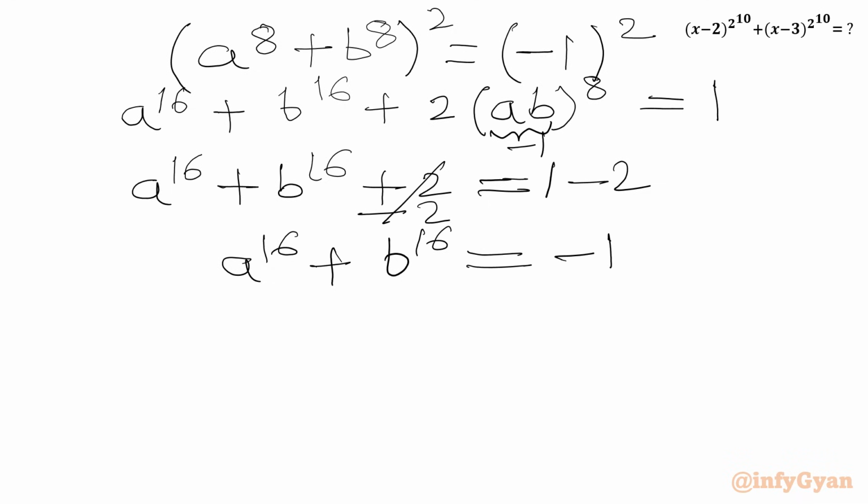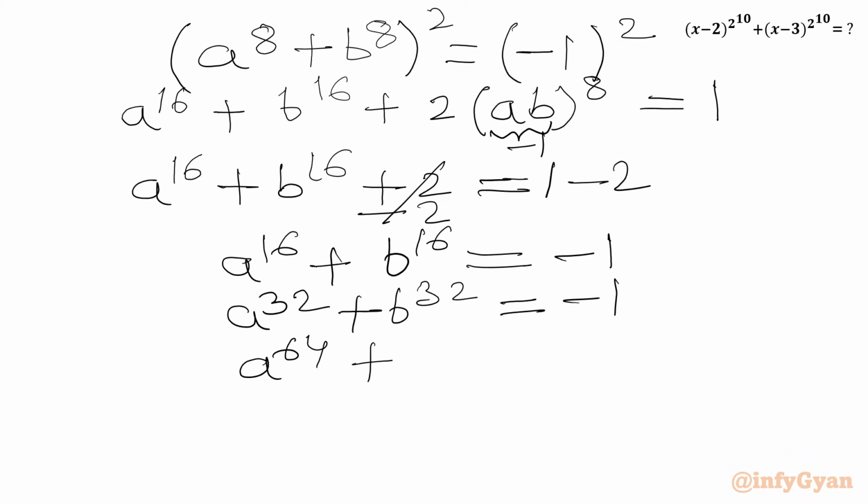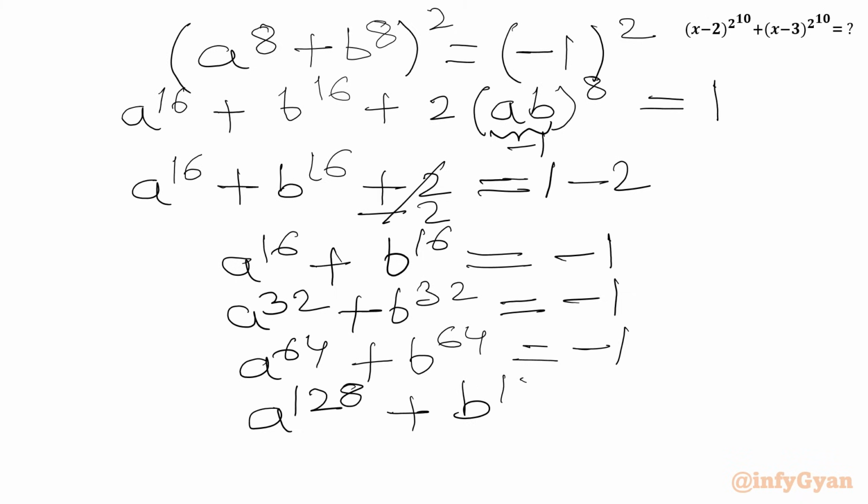Now we will be writing our equations directly. After squaring the equation, we will get a³² + b³² equal to -1. Again we will square. We will write a⁶⁴ + b⁶⁴ = -1. We will square once again and write a¹²⁸ + b¹²⁸. This will be equal to -1.